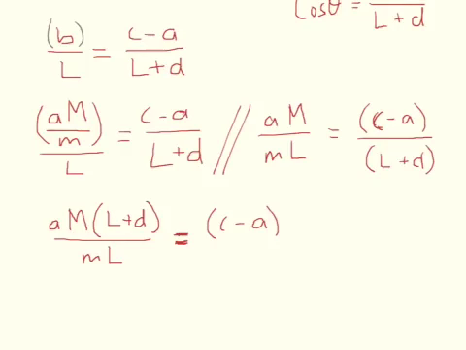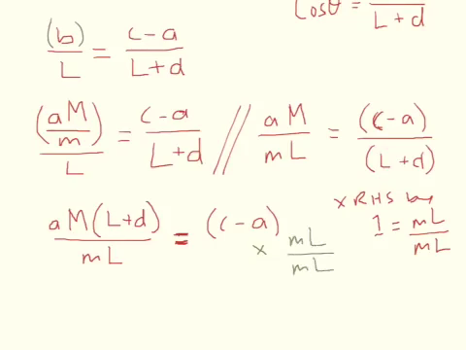So what we're going to do is multiply the right hand side by 1. That might seem silly, but we're going to do it in the form of small m capital L over small m capital L. So if we multiply the right hand side by ml over ml, that means we can rewrite that right hand side as C ml over ml minus A ml over ml.